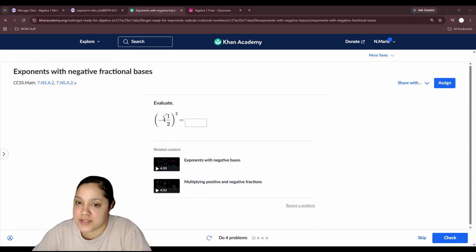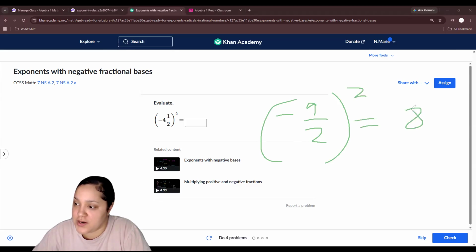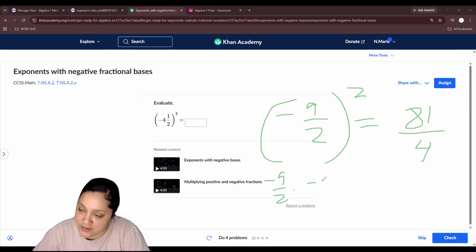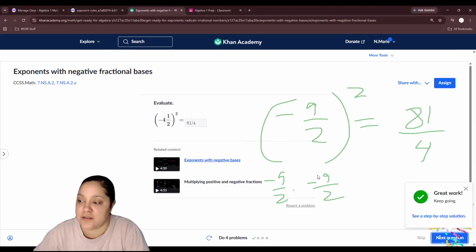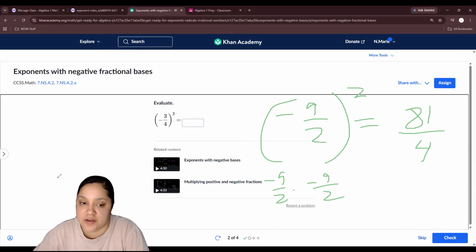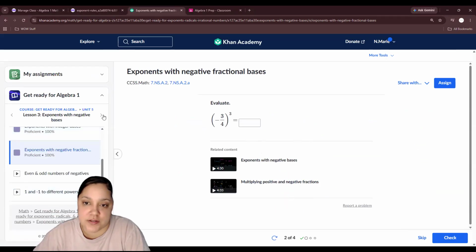I would first put this as an improper fraction, which would be negative 9 over 2. And so that to the 2nd power would get you positive 81 over 4, because negative 9 over 2 times negative 9 over 2 gets you a positive number. And then you want to simplify if you can. And so that's just dealing with fractional ones.